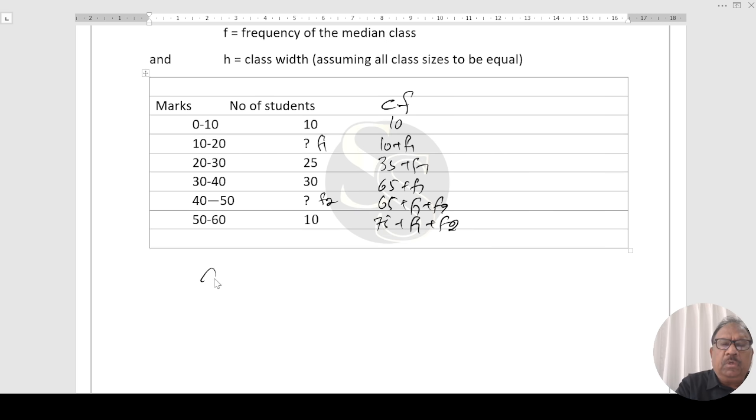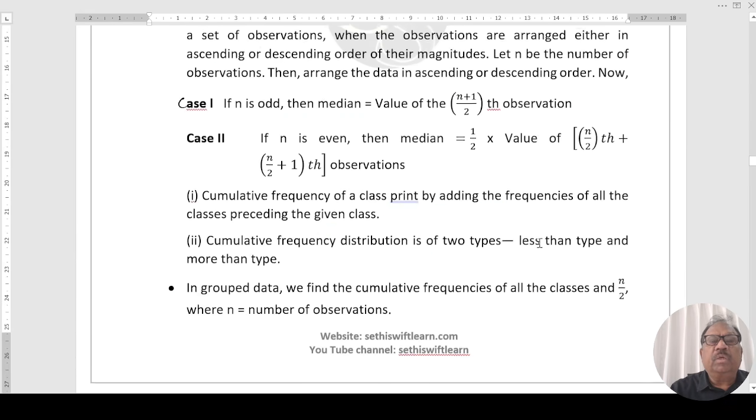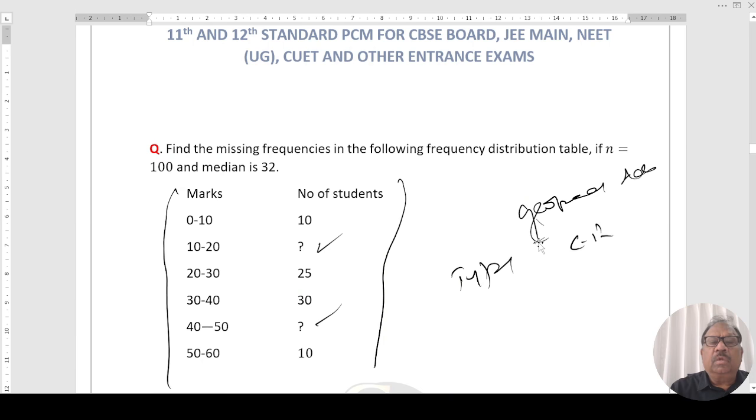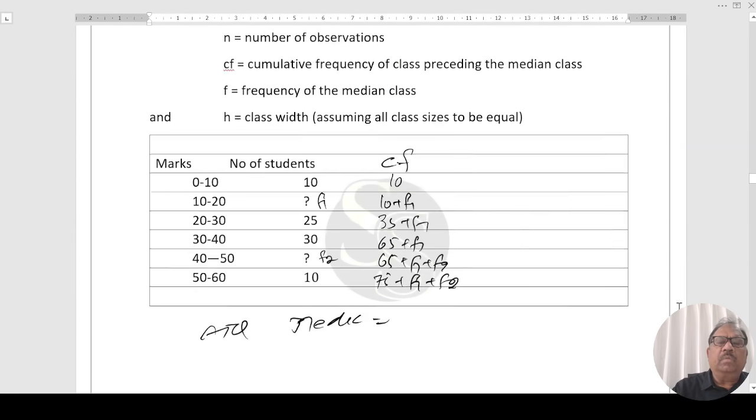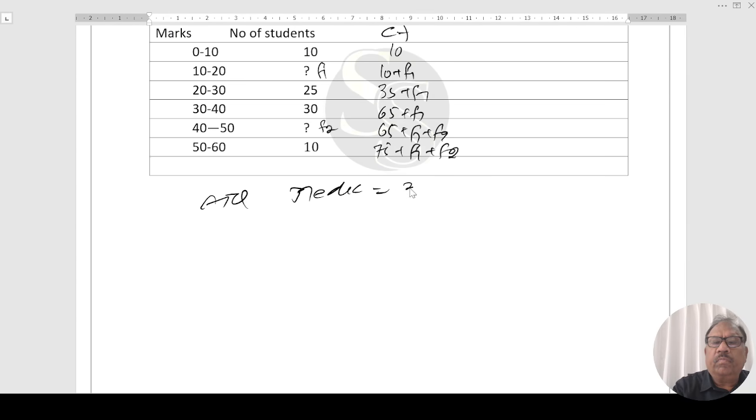Median, according to the question, is 32, and summation fi, that is n, equal to 100. Therefore, 75 plus f1 plus f2 equal to 100.